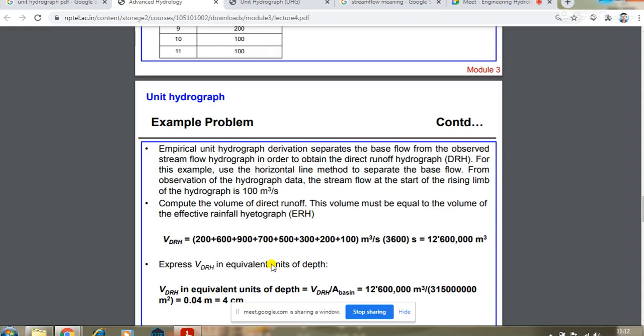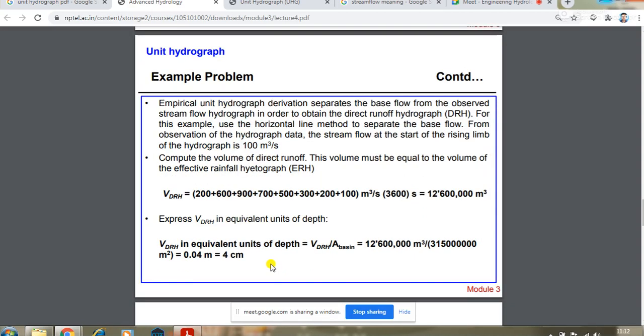Now, direct runoff in equivalent units of depth is equal to the volume of the direct runoff hydrograph divided by the area of the basin.